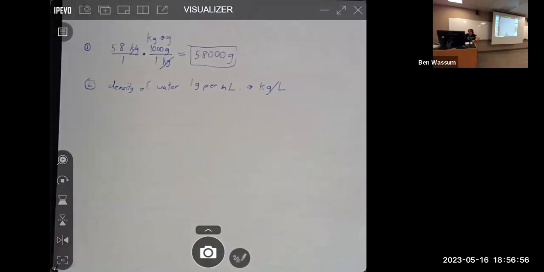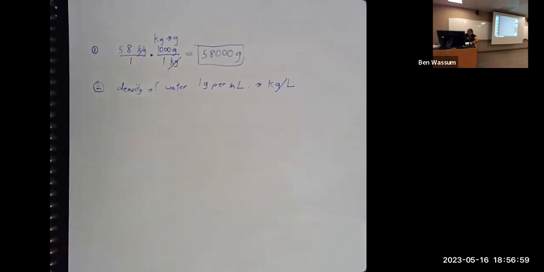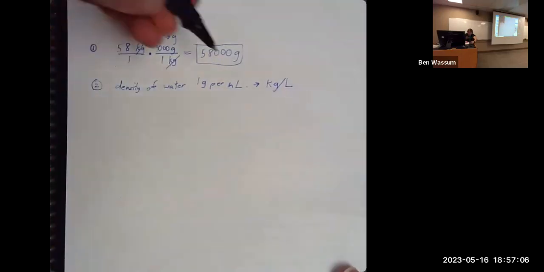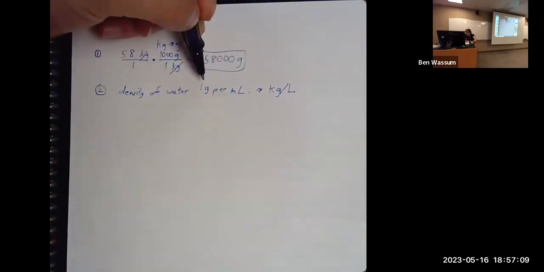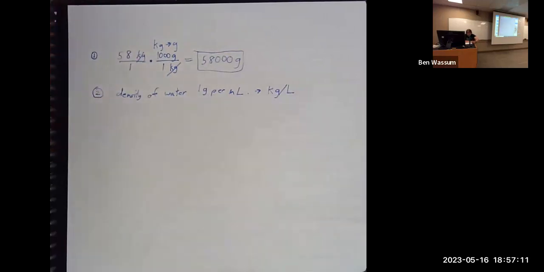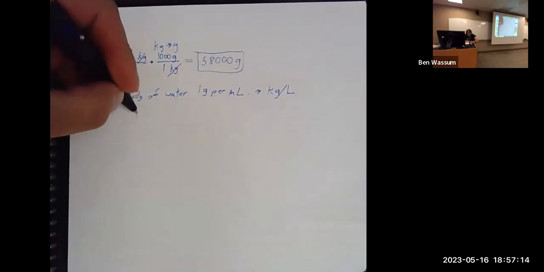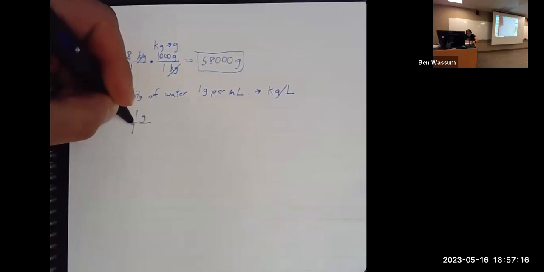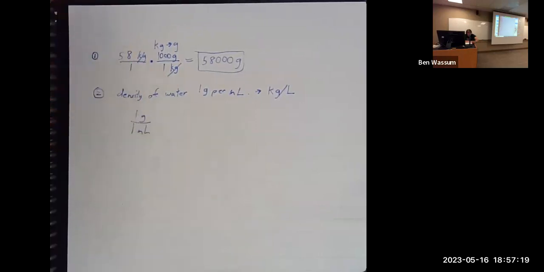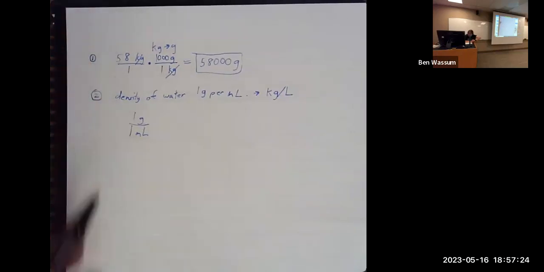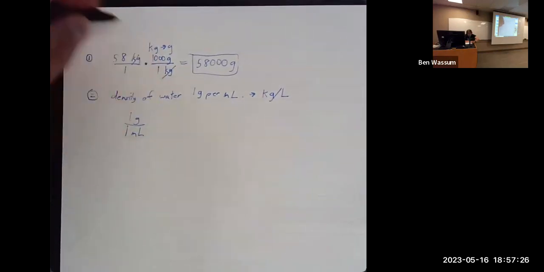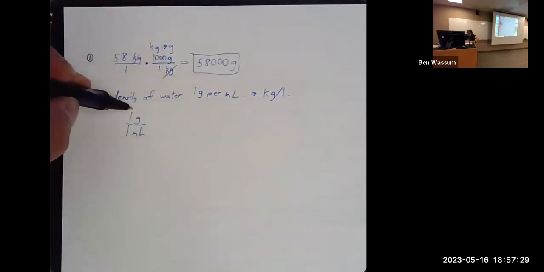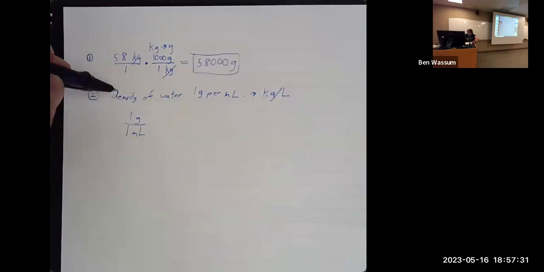Well, that's an interesting one, right? So the way I'd set this up is whenever it says per something else, that's essentially division happening there. This is 1 gram for every 1 milliliter. Now we need to convert to kilograms per liter. So what we're gonna end up doing is we're gonna have to convert both of them separately, right?